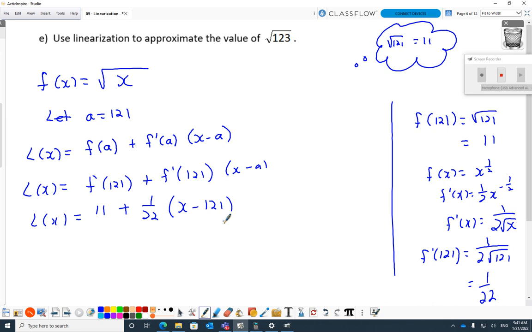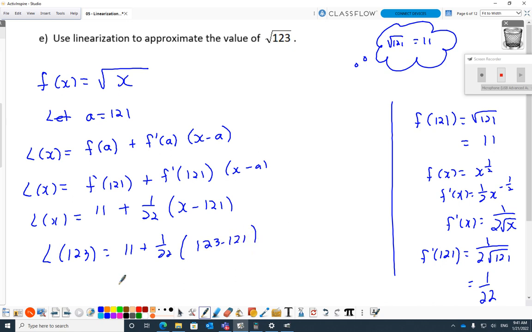You could still multiply that out and add like terms. I could simplify this. I absolutely could. There's nothing wrong with that move. My question is, what do I do with the 123? Could you put that as x? That's the x. That's where I want to estimate here. So L of 123 is 11 plus 1/22, 123 minus 121.